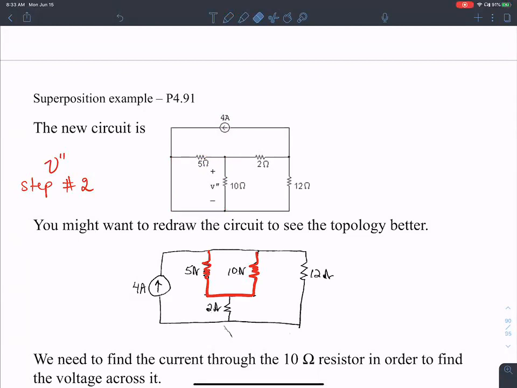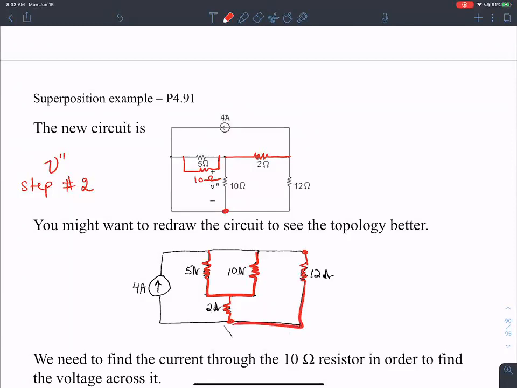So we have a parallel combination of that. Then there is the 2 ohm resistance. So I'm going to write it as 10 ohms over here, in series with a 2 ohm resistance. And all of that is parallel to the 12 ohm resistance.